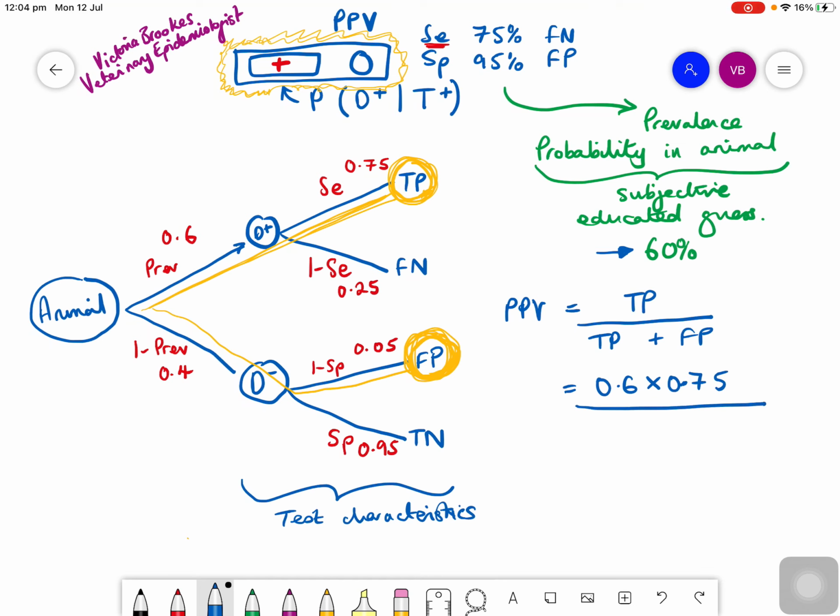And then underneath that, for both arms together, so this is our total possibility, 0.6 times 0.75, so that's the true positive, that's that one there, plus how the animal can be a false positive, so we've got 0.4 times 0.05, so that's our false positives there. So that's our numerator and that's our denominator. Now let's calculate that out. We'll get a calculator to do that.